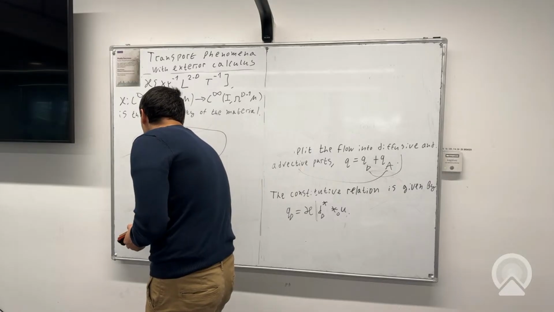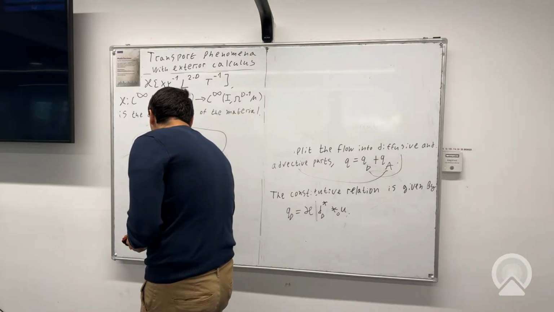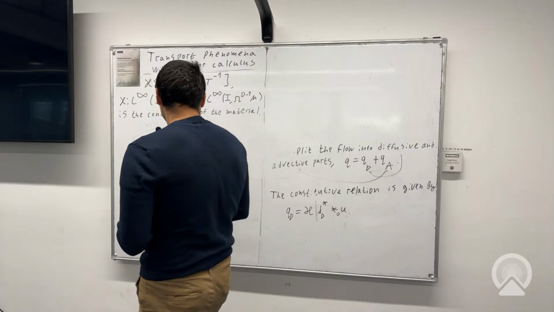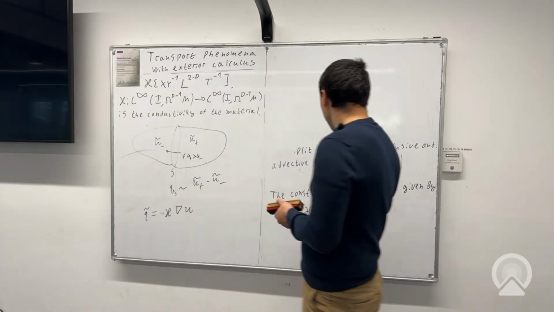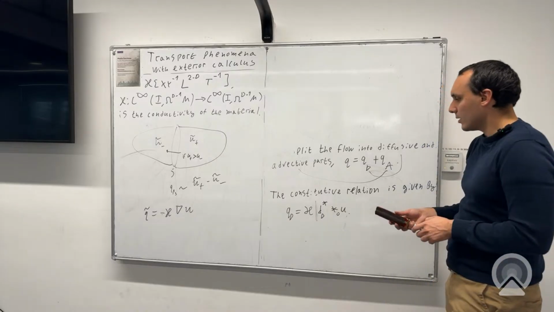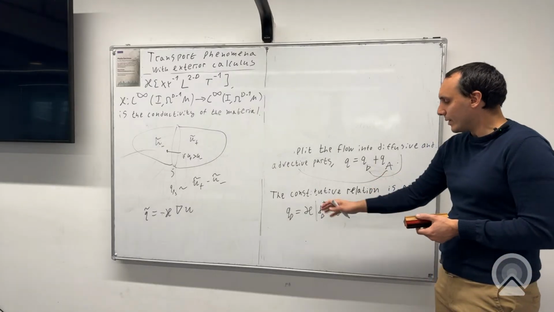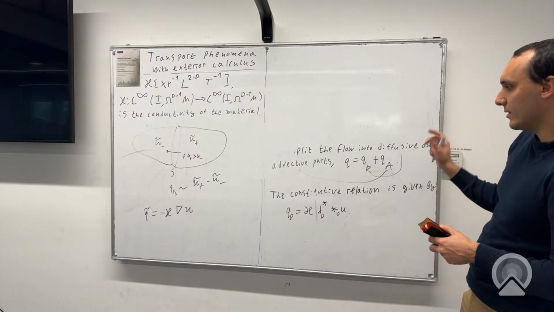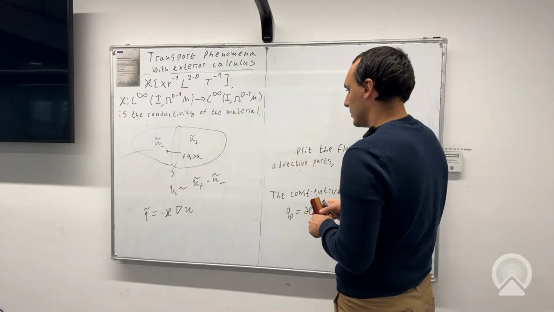There it will be like some Q tilde will be minus kappa some nabla of U. But here the sign is different because the operators have a little bit different signs, but it's the same idea.